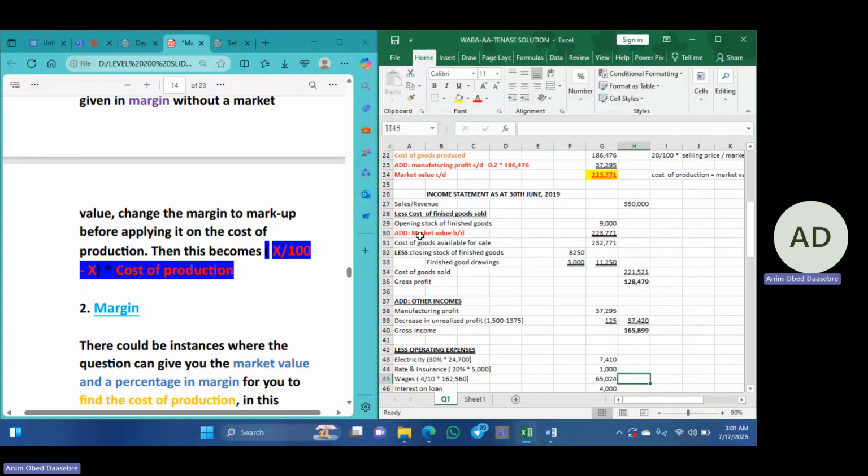So here, the market value or the selling price that we have computed will replace the external purchases that we would have brought here. The selling price will replace purchases of finished goods. The market value will replace that over here. So in a manufacturing account, we don't have external purchases.